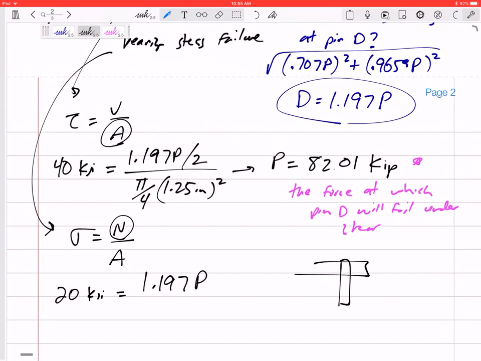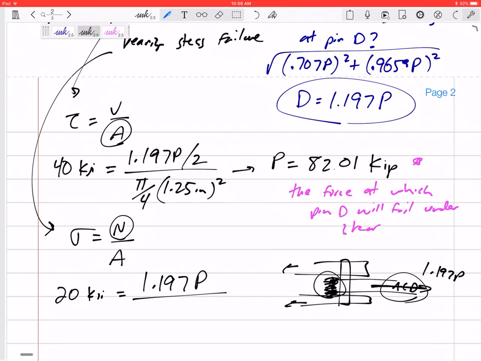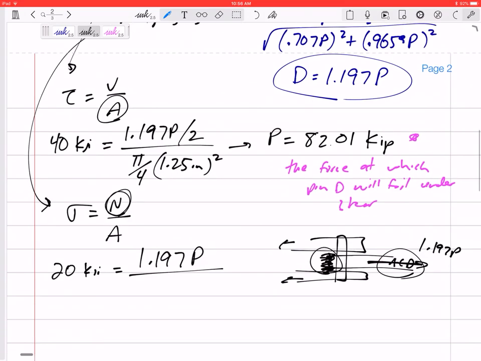If this is our pin, and here's member ACD, then the shear force would be divided by 2, but the bearing force right here is the full 1.197 P. So don't divide the force by 2 when doing bearing stress failure, even if it's in double shear or single shear. All right, so divided by the area.